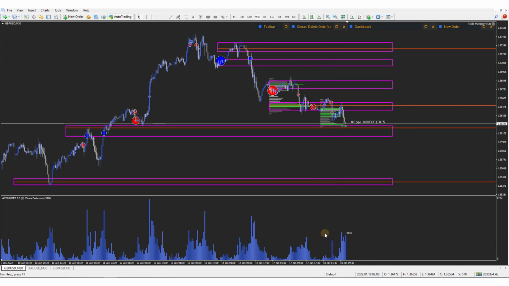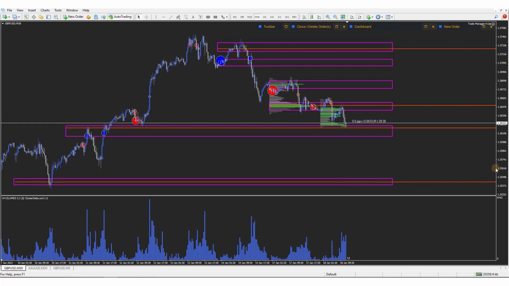Usually I say that I don't trust zones created during the Asian session, because most of the time the demand and supply zones are easily broken, but with such volume here it means something for me, that really strong sellers appeared on the market. So if price is moving up, I am just waiting to join the previous sellers, because probably someone still wants to join the market with them, but later.